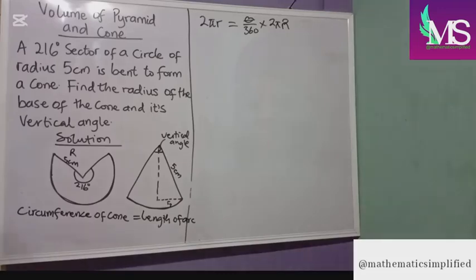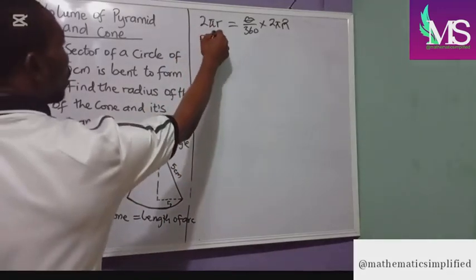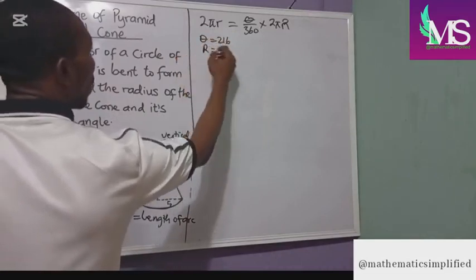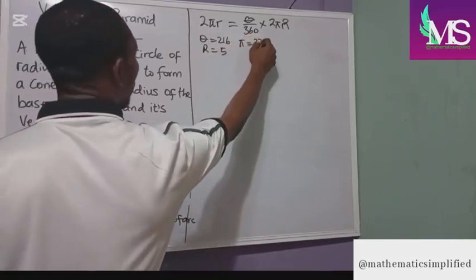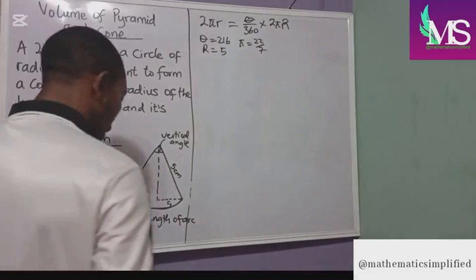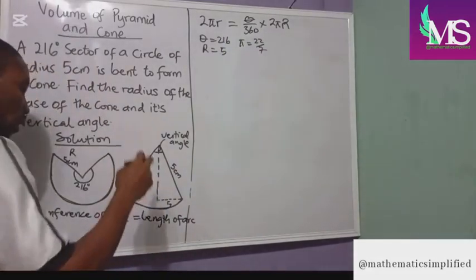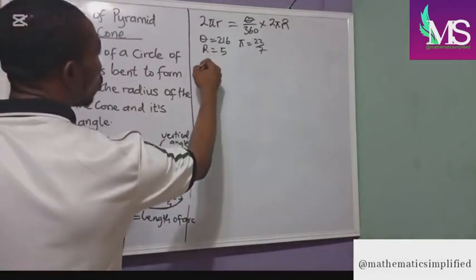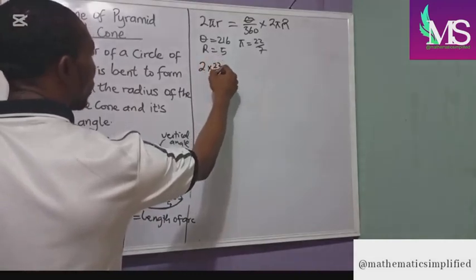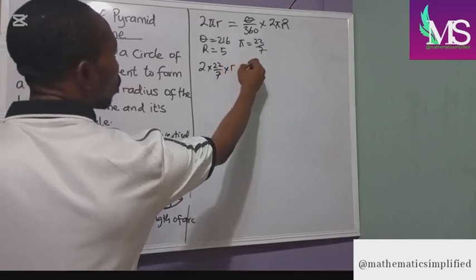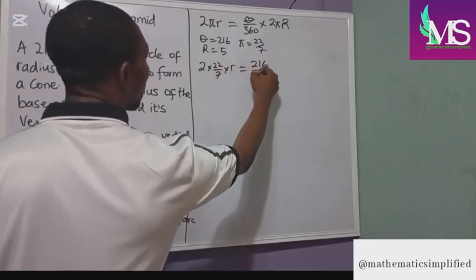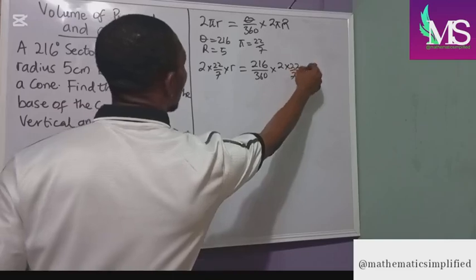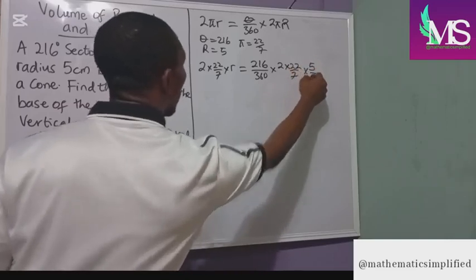Now we know our theta is 216, our big R is 5, and our pi is 22/7. Putting this into our work, we have 2 times 22/7 times r equals 216/360 times 2 times 22/7 times 5/1.